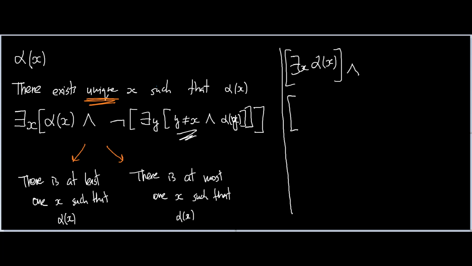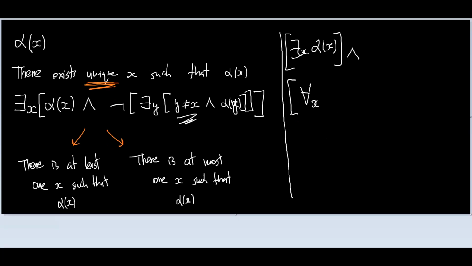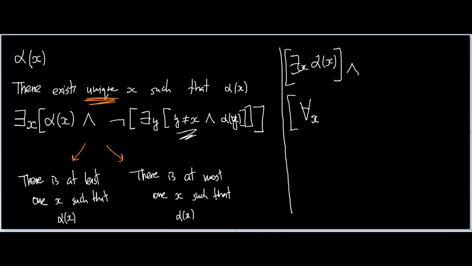So the idea is to do it in the following way. To say that there is at most one of a certain characteristic, we can say that if we have two objects, any two objects, and this is where the universal quantifier comes in, and that's actually an abbreviation for this: for every x and every y.